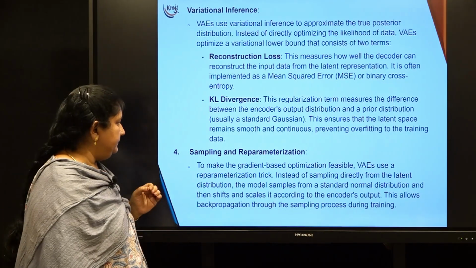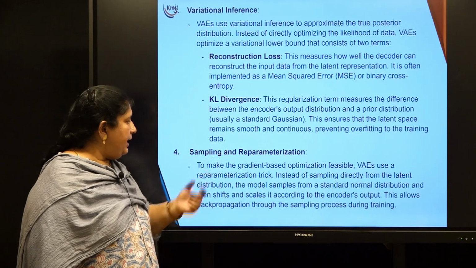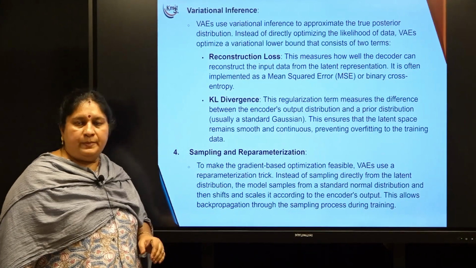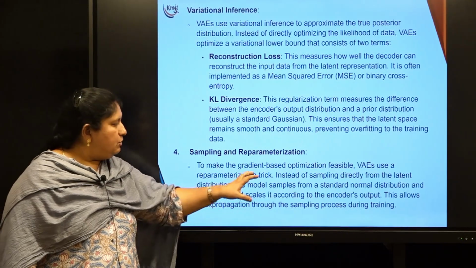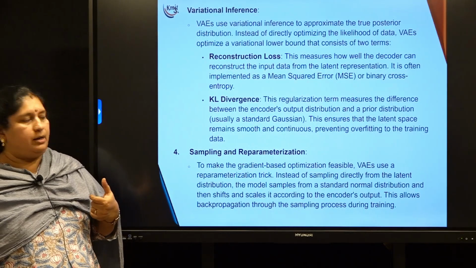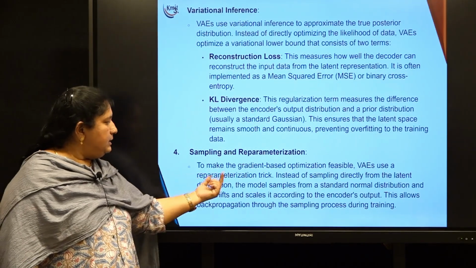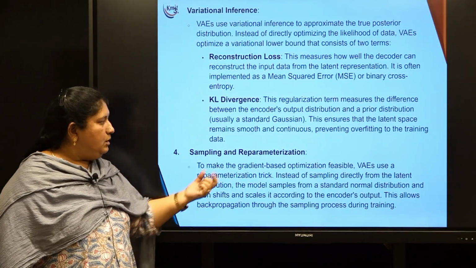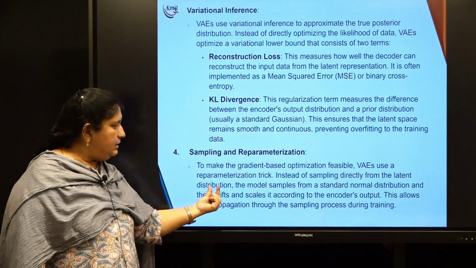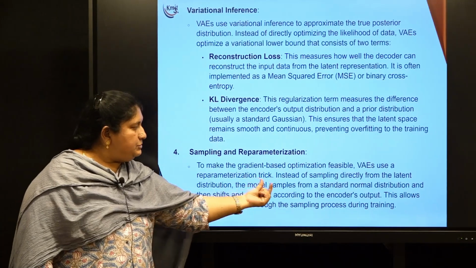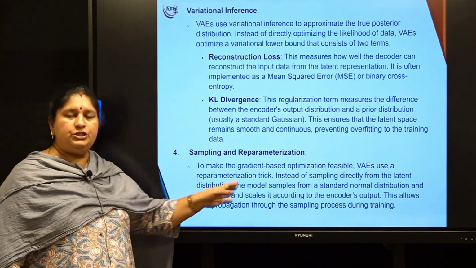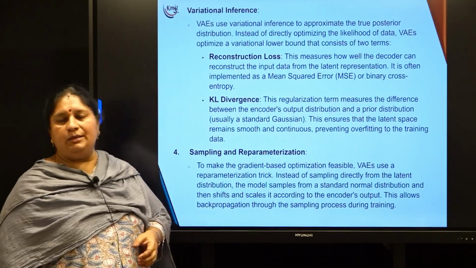Sampling and reparameterization, in order to make gradient based optimization feasible. These are all the optimization measures wherein we see how best the encoder and decoder are working. This uses a reparameterization trick. Instead of sampling directly from the latent distribution, it samples from a standard normal distribution and then shifts and scales it to the original image construction.